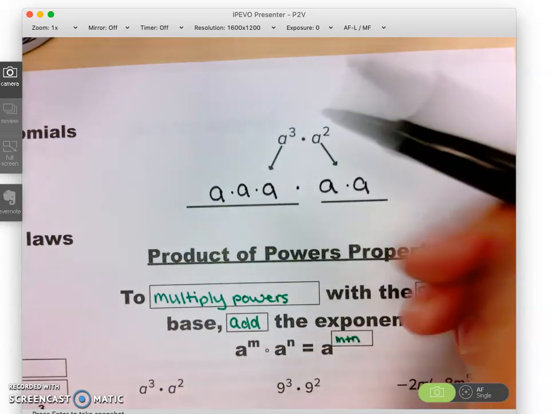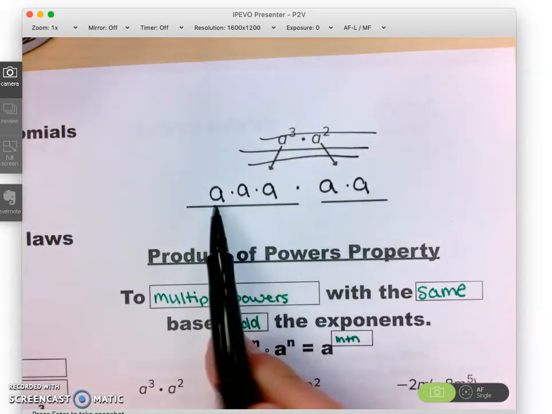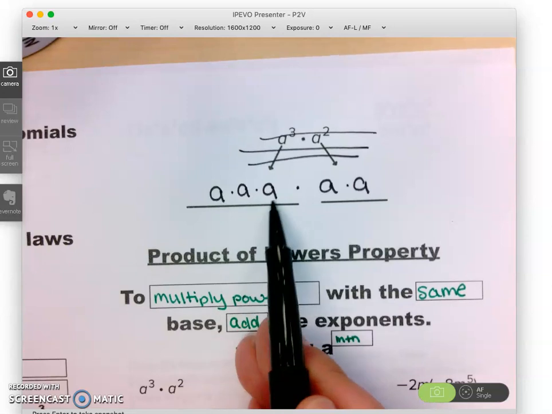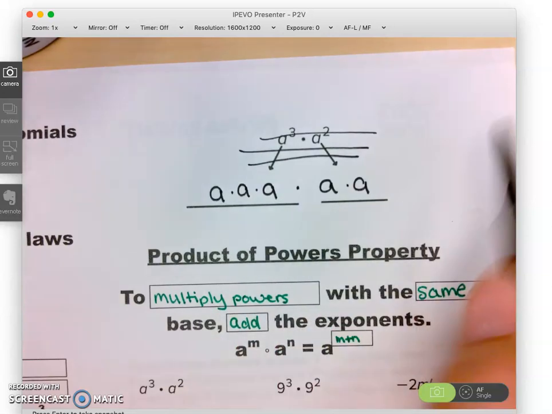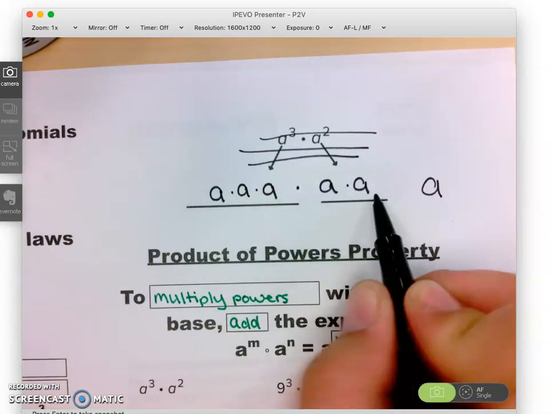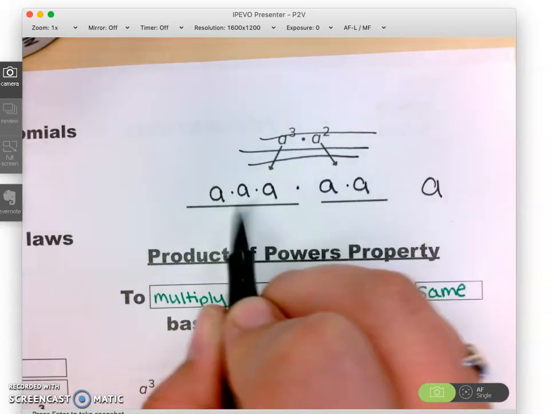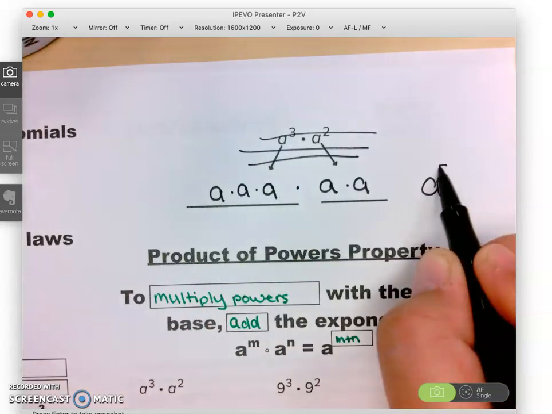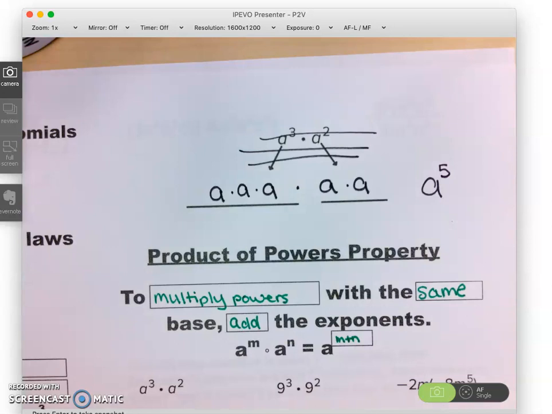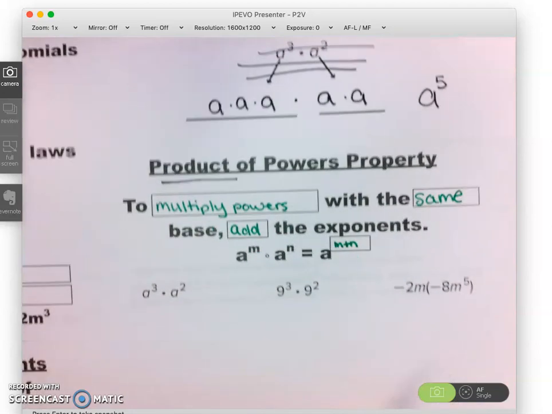So now, don't even look at this. Look at this new problem. I have a times a times a times a times a. So I'm going to actually rewrite this as a to the 5th power.